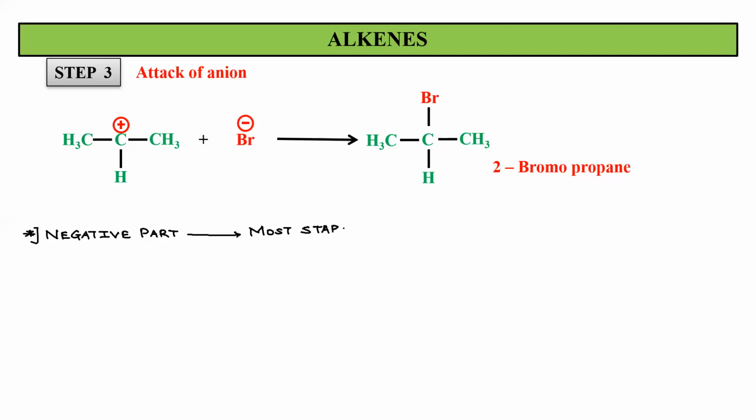You won't look at whether the number of hydrogens is less or more. First break the double bond, then see which carbocation will be the most stable, and then attach the negative part on that carbon atom.